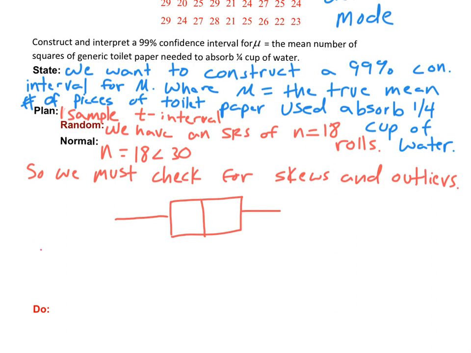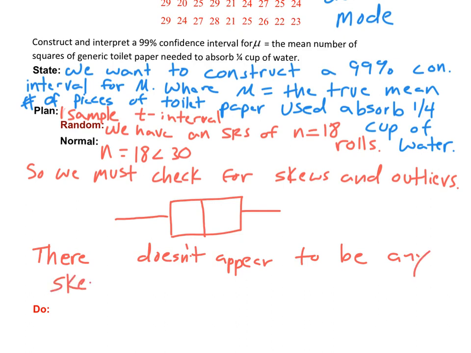And so at this point I would just follow up and say, I'm looking at that box plot, there doesn't appear to be any skews or outliers.